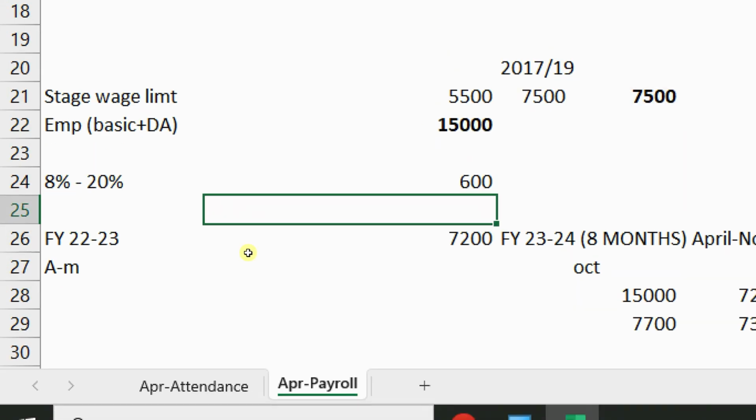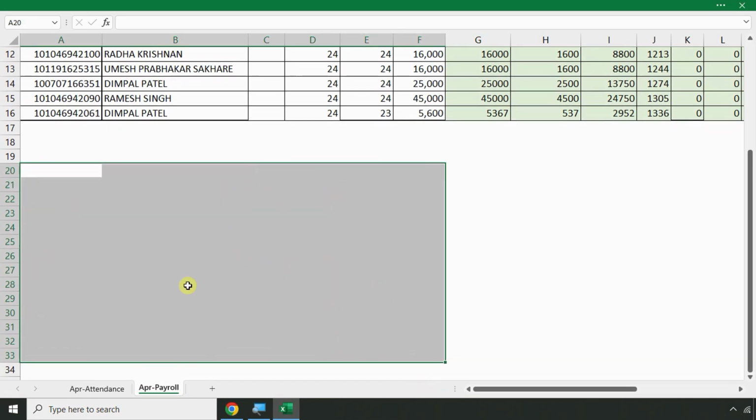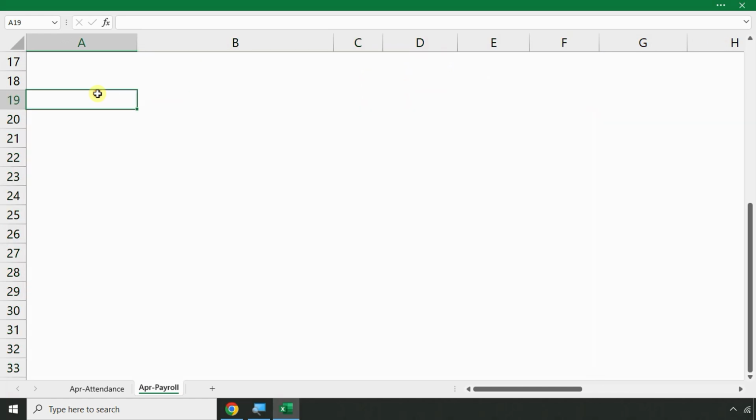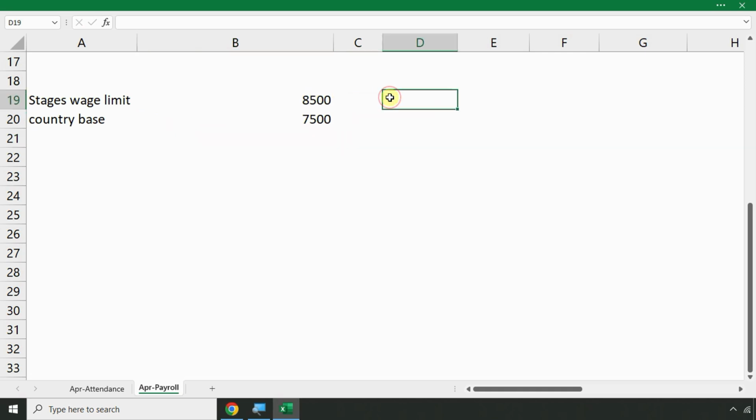So for bonus calculation, two things you should remember. What is that? State wage limit and country base. Here you consider whichever is higher.